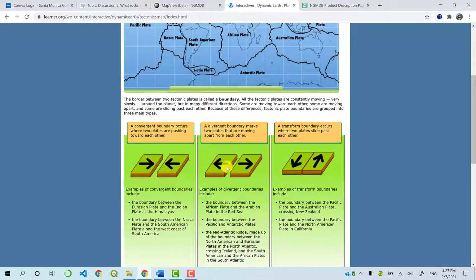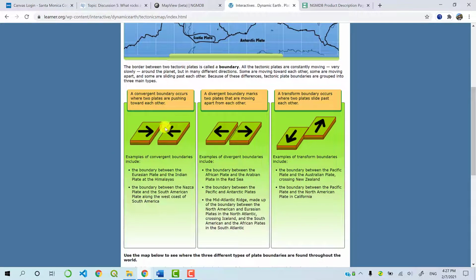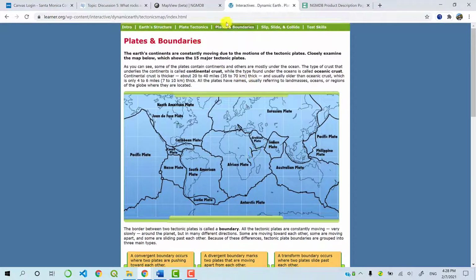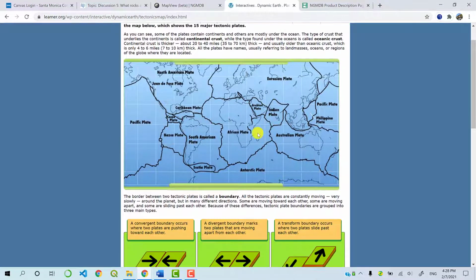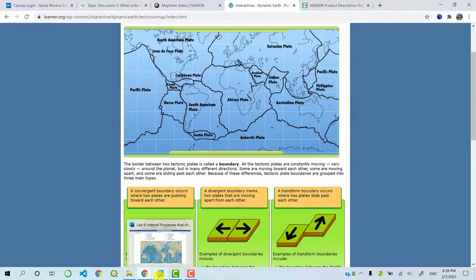If they're moving away from each other, that is divergent. Convergent is moving towards each other, and a transform boundary is sliding past each other. I found this animation very helpful. So that is for your question number 1.